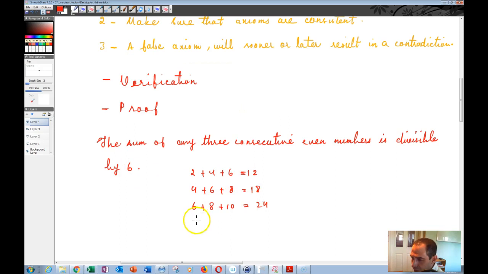It is divisible by 6. 8 plus 10 plus 12 is equal to 22 plus 8 is equal to 30. It is divisible by 6. So you test a couple of numbers, and that way you have verified it, and then you say that by verification, I'm saying that this is a true statement. But the proof is different, and we are going to see how.